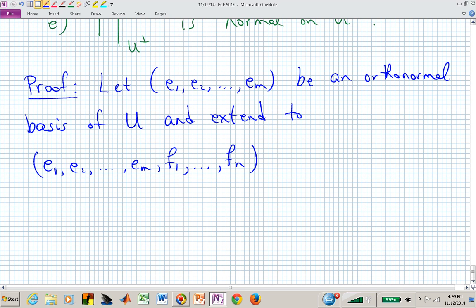So now the total is m plus n, so that this list, E1 through Em, F1 through Fn, is an orthonormal basis on the underlying vector space V.